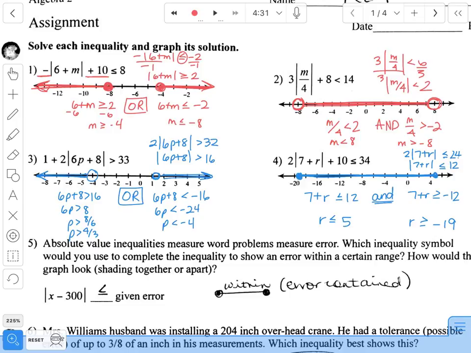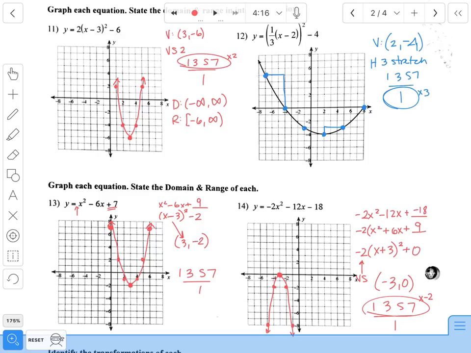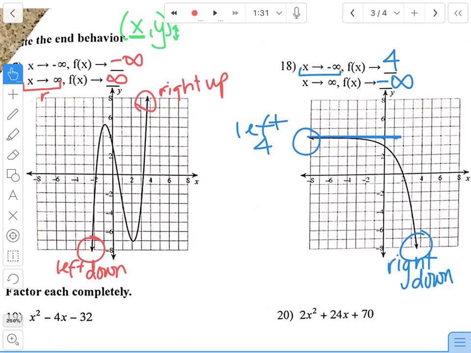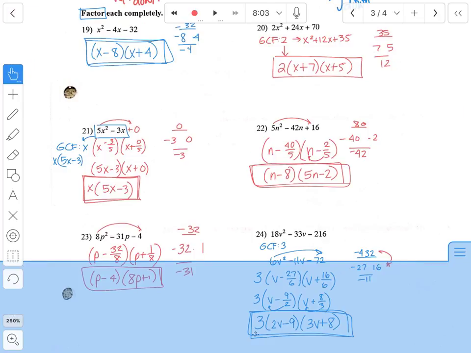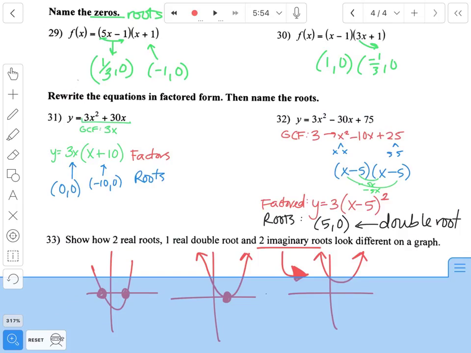Or 5. I guess we already talked about 5 and 6 in class, so I'm not going to spend time on those. Here's 7 through 10, 11 through 14, 15 and 16, 17 and 18, 19 through 24, 25 through 28, 29 through 33.